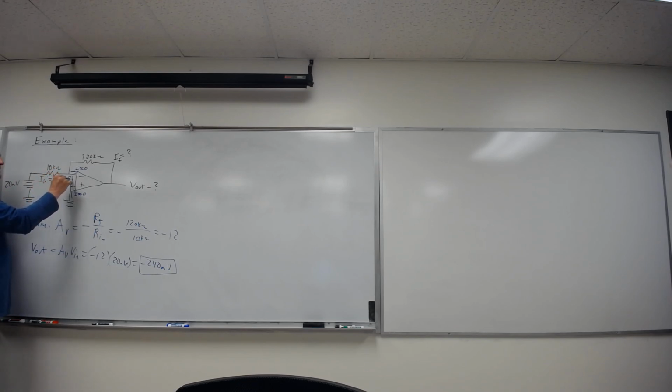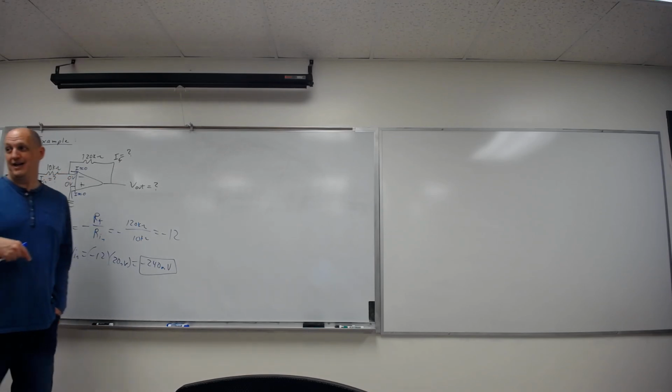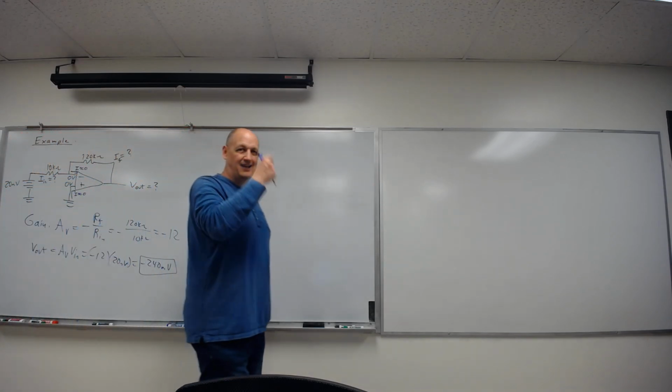Once again, because if this thing internally has a gain of 50,000 or 100,000, I'm amplifying a tiny, tiny little difference between these 2 voltages. If I put identical voltages in both of them, I'll get 0 out. But if I have any difference at all, this is amplified. That's the whole goal of it. So this actual difference is going to be down in the microvolts, or even nanovolts. It's going to be very, very tiny.